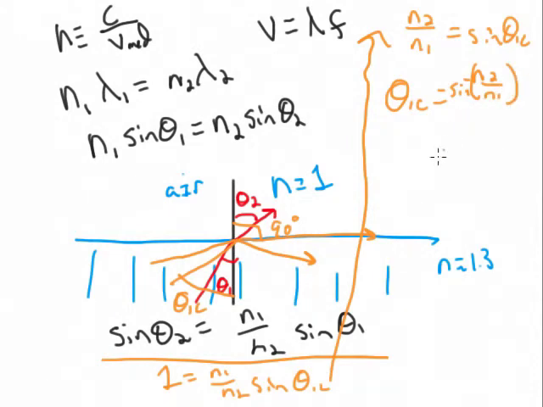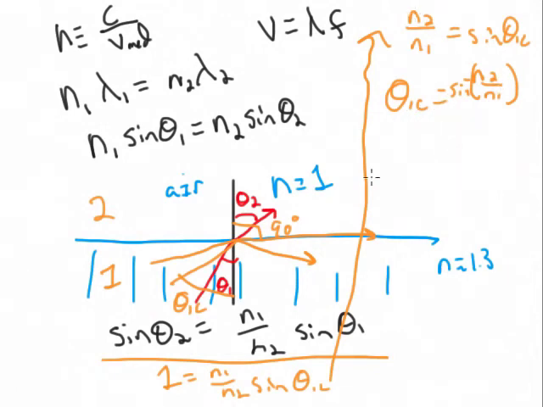So is this possible? In our case, we're saying this is 1 and this is 2. n2 is going to be 1 and n1 is going to be larger than 1, so this is a number less than 1.